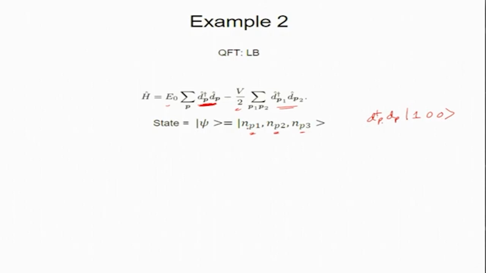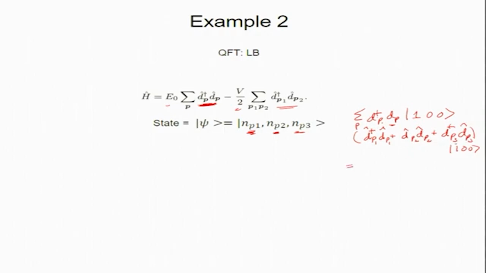So here this is 1 and these 2 are 0. So there is only one particle, but that is in P1. So what will it give you? Well, I have to sum over all P's. So this implies D dagger P1 D P1, plus these are operators, D dagger P2 D P2 plus D dagger P3 D P3 acting on 1 0 0.